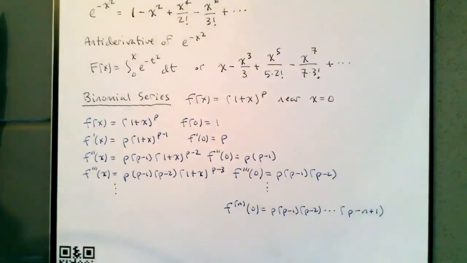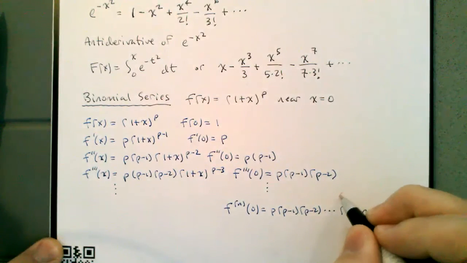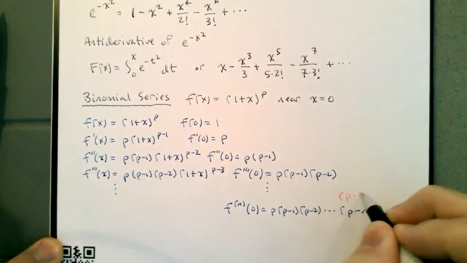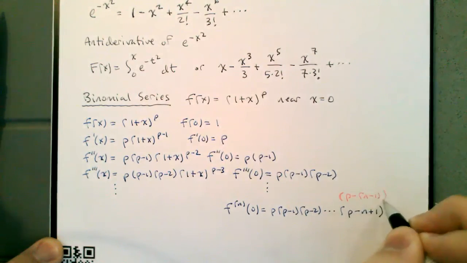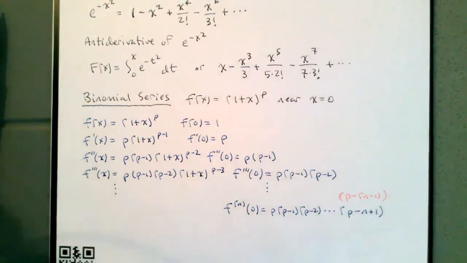A better way to think about this might be to say this is p minus n plus 1. I'm not sure how your minds individually process things. So maybe you read this as p minus n plus 1 because the third derivative is p minus 3 plus 1, which is p minus 2. Or you start counting at 0, 1, 2, and then we stop at n minus 1.